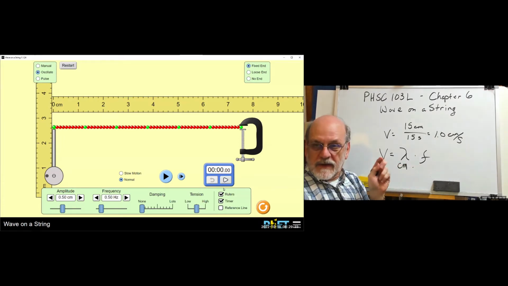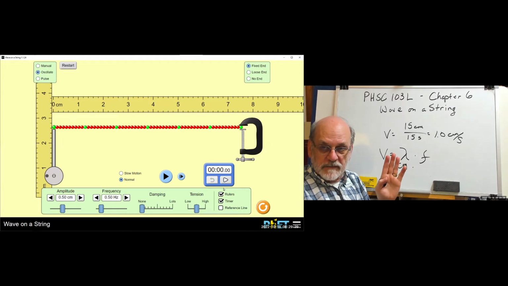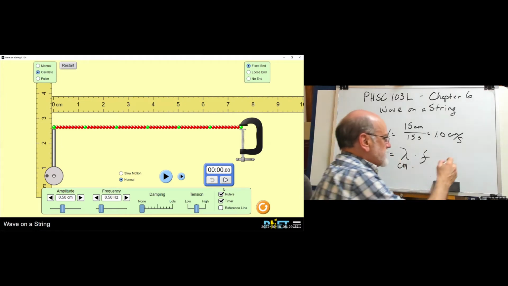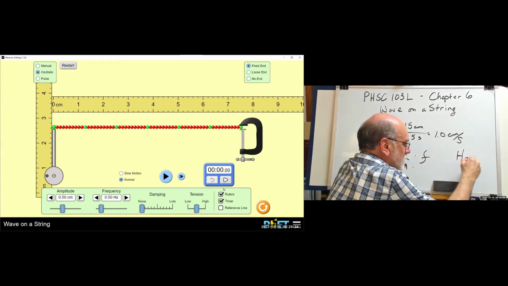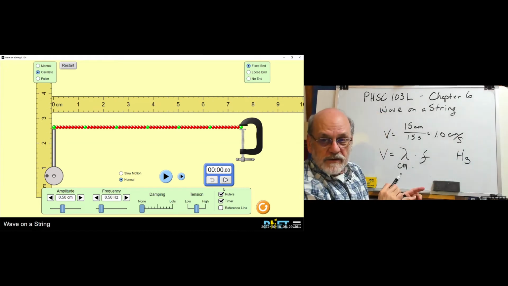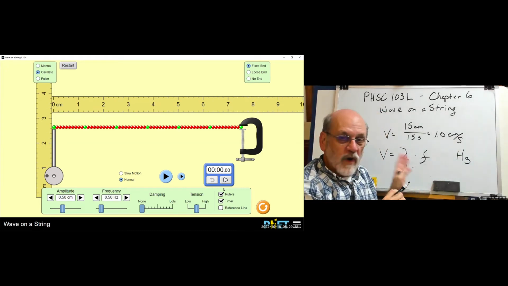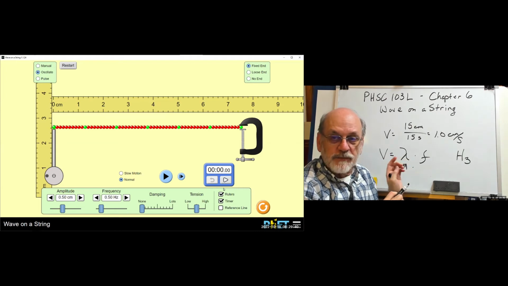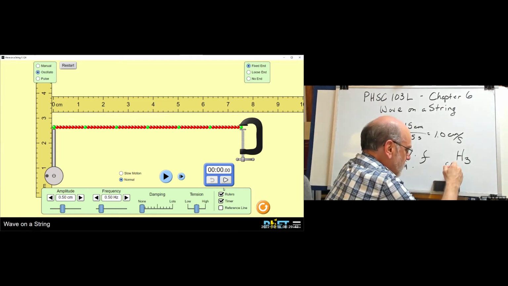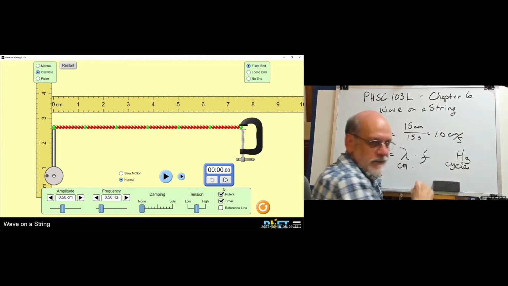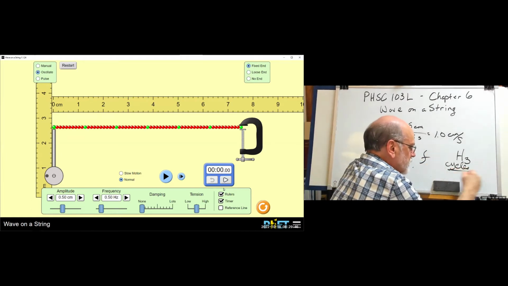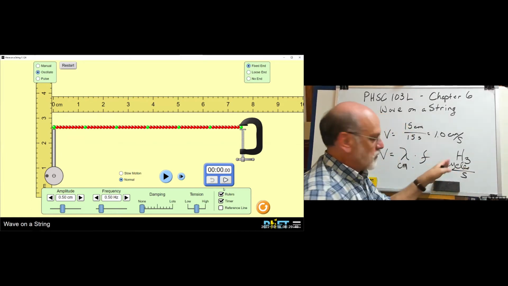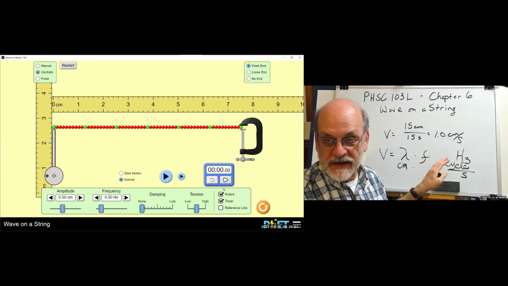Right? It's how long it takes a wave to pass a fixed point. Right? It's usually written as hertz. But hertz is another way of saying cycles per second. See, I'm just giving you these definitions. Cycles per second. The cycle is a dimensionless number.